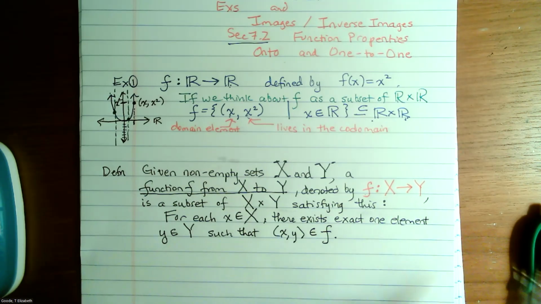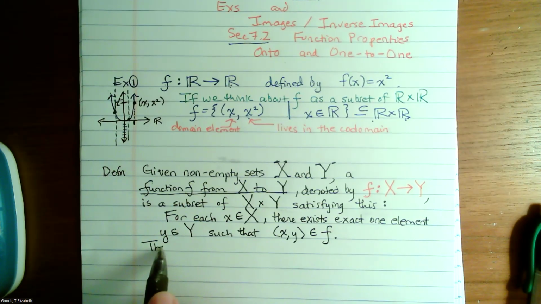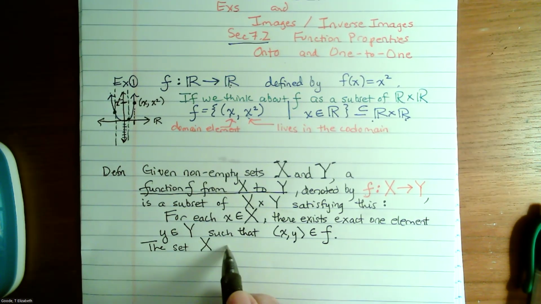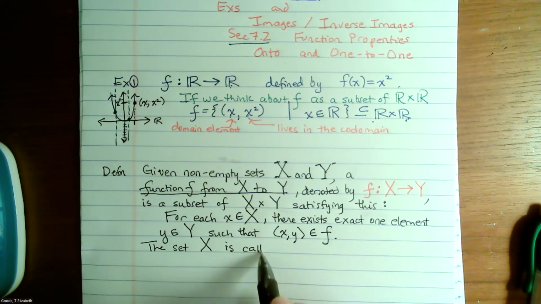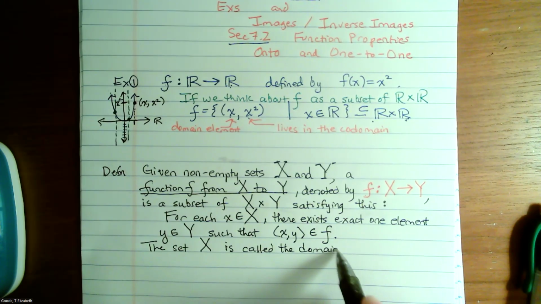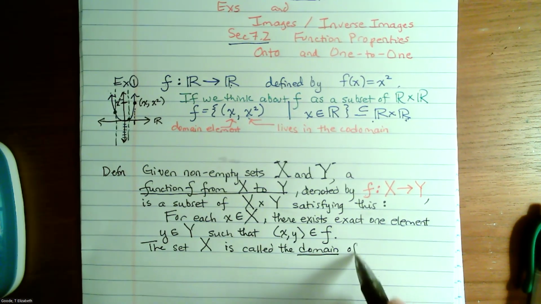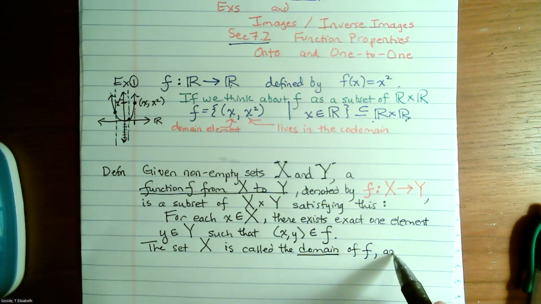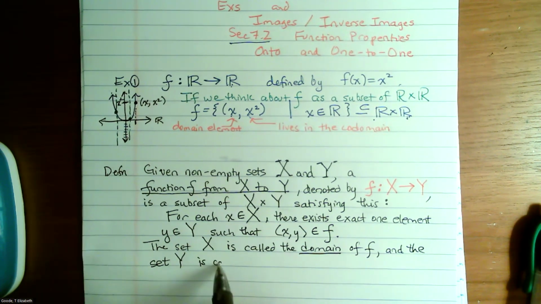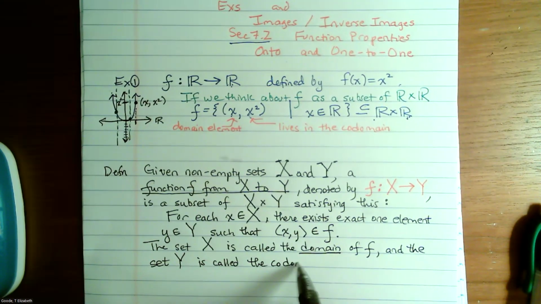Let's get the domain and codomain definitions down. The set X is called the domain of F. And the set Y is called the codomain of F, of course.